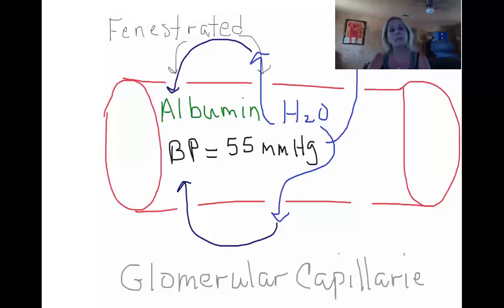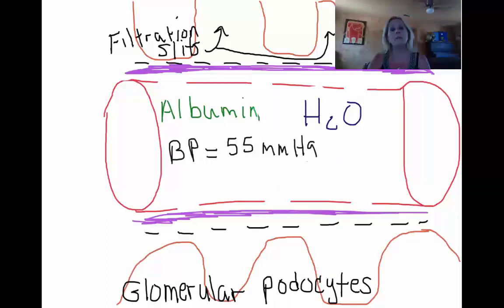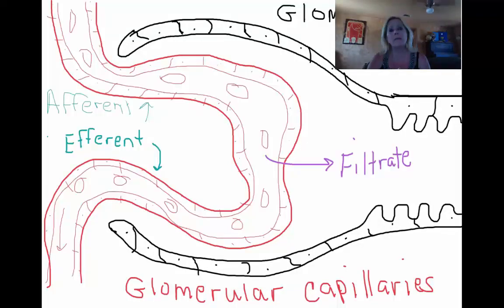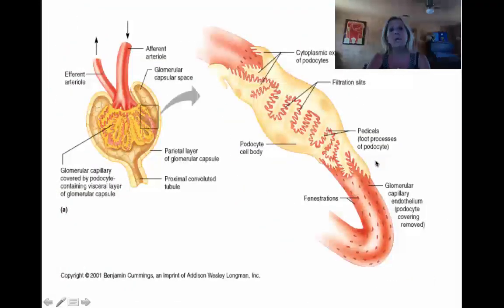All right, so we've talked about changes in the glomerular capillaries. And so again, this is our glomerulus with our afferent and efferent arteriole and filtration actually occurring. And this is just another picture of the glomerular capillaries. There are fenestrations. And then this is one of the podocytes from the visceral layer of the Bowman's capsule.